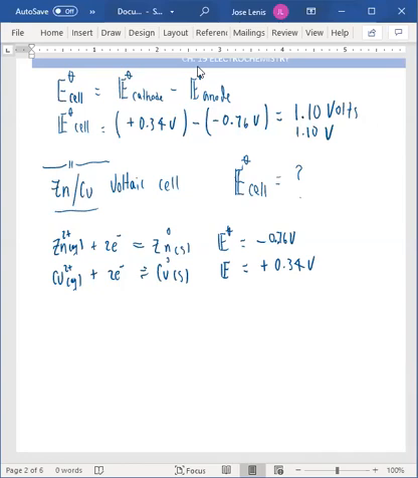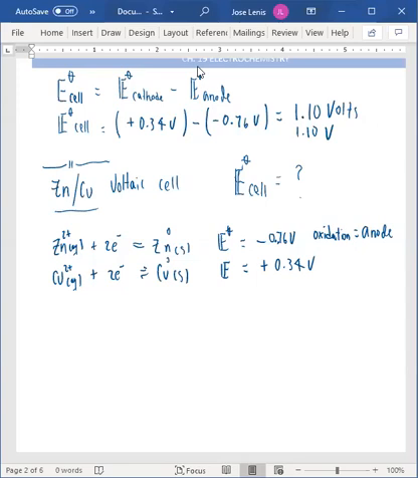We learned that the one with the most negative value will undergo oxidation. Therefore, that will represent the anode of our voltaic cell.